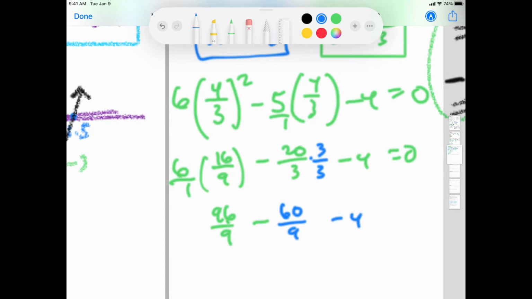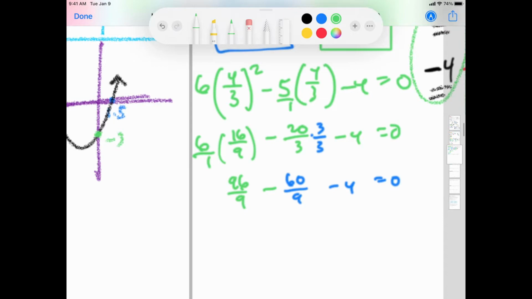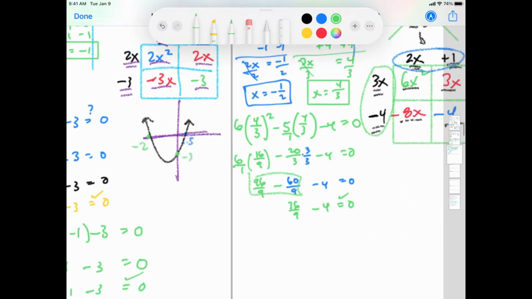Do you guys know why I did that? I did that because I want to subtract these two. So that'll give me 96 minus 60 is 36. And 36 divided by 9 is 4, and 4 minus 4 is 0. So that matches. Okay?